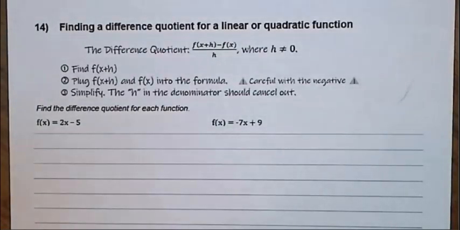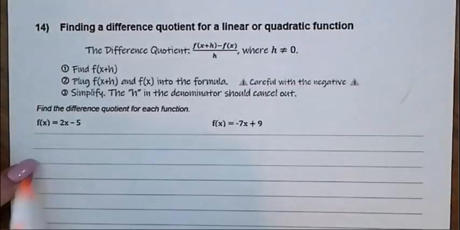So to do this, we're going to use our knowledge of composition to find f of x plus h. And then we'll plug that and our f of x into our formula. We're going to pay attention to that negative sign. Then we will simplify. And for the problems we are working on today, your h should cancel out.